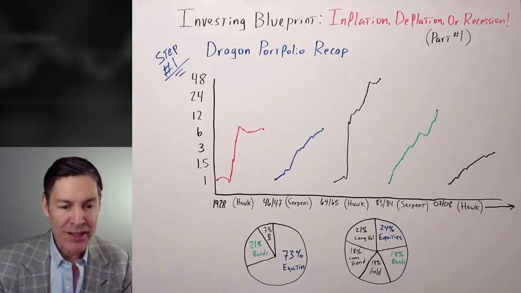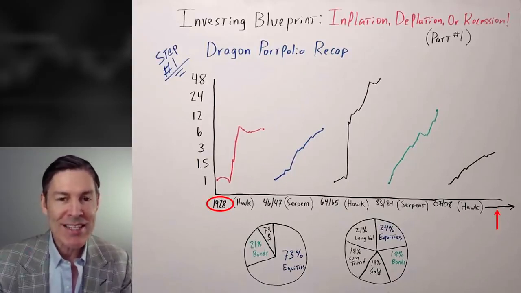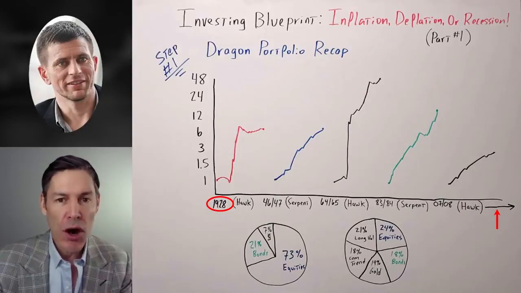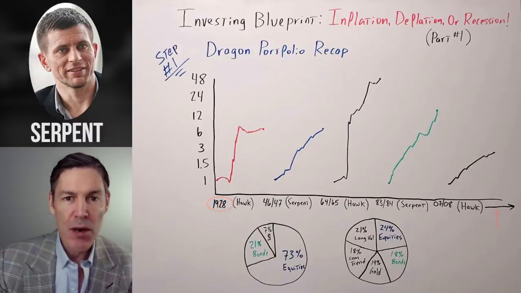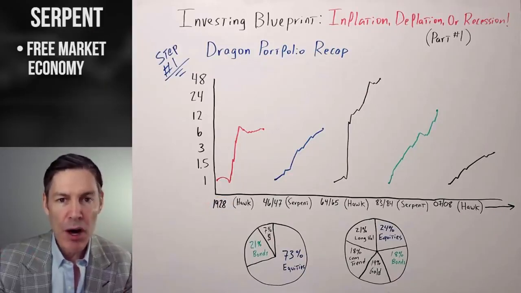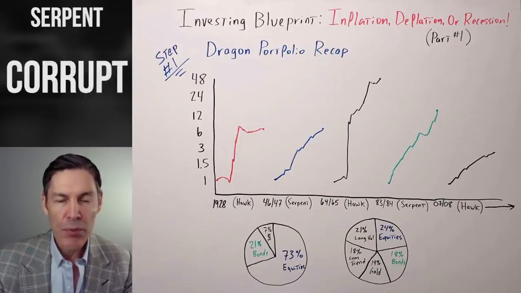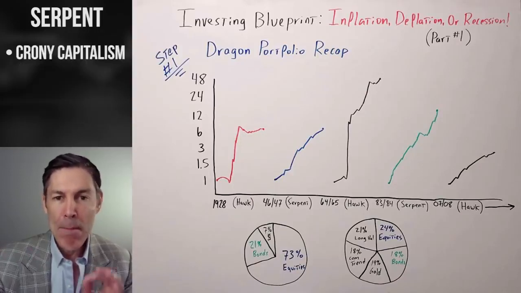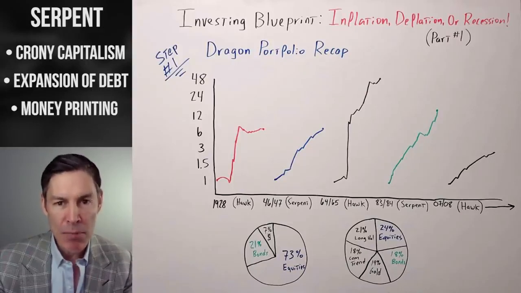Our chart starts at 1928, goes to today, and it runs in cycles. Chris Cole calls these cycles hawk or serpent. A serpent cycle starts off very strong due to a free market economy, technology, demographics, but then at the end of the cycle, it becomes very corrupt with crony capitalism, a massive expansion of debt, and of course, money printing.